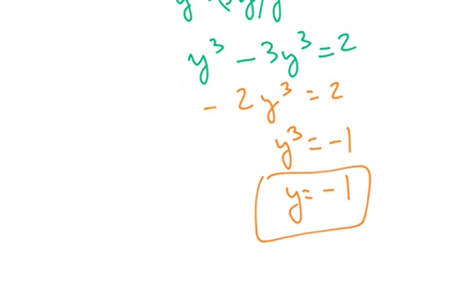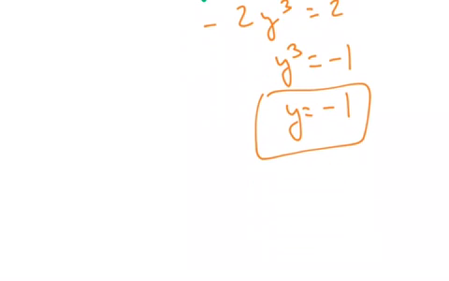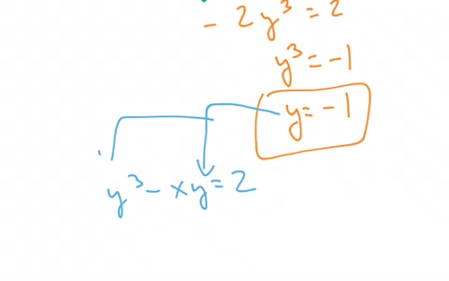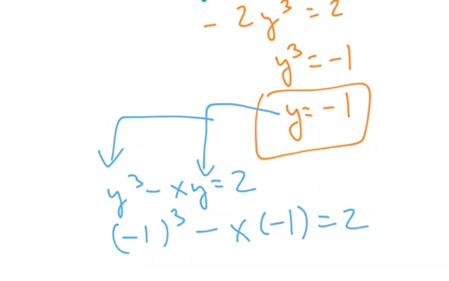So now that I know that y is negative 1, all I have to do is go back to the original equation one more time, y cubed minus xy equals 2, substitute in y as negative 1, and solve for x. So negative 1 cubed minus x times negative 1 equals 2.